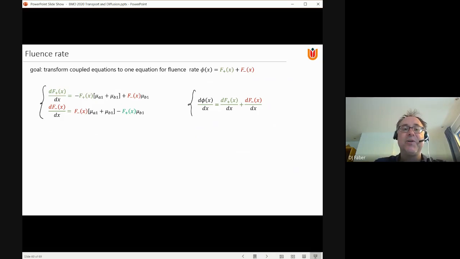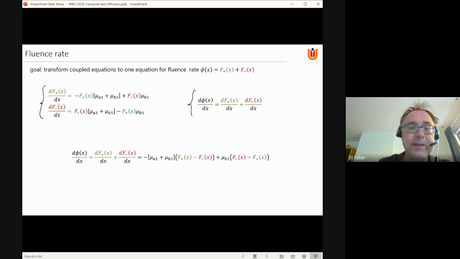If you want to transform this into a differential equation for the fluence rate, we know that the fluence rate is the sum of the fluxes, and that means that the derivative of the fluence rate is the sum of the derivatives of the fluxes. That is the set of equations on the right there. So we can take all the terms and combine them, and then we get an expression as follows.